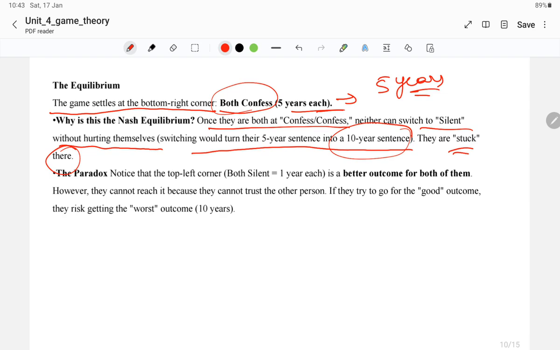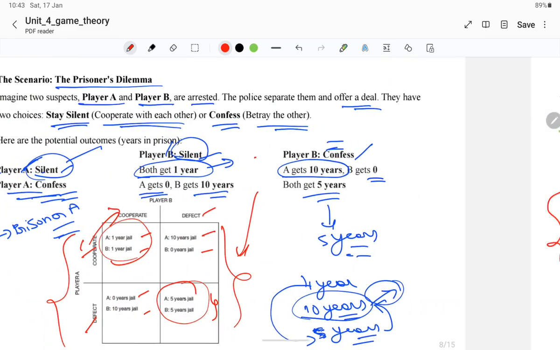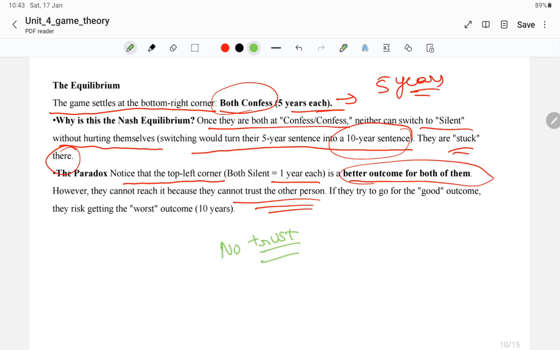What is the paradox here? Notice the top left corner, this one. If both stay silent, it is 1 year each, which is a better outcome for both of them. However, they cannot reach it because this is important: they cannot trust the other person. No trust. If they try to go for the good outcome, they risk getting the worst outcome, that is 10 years of punishment.